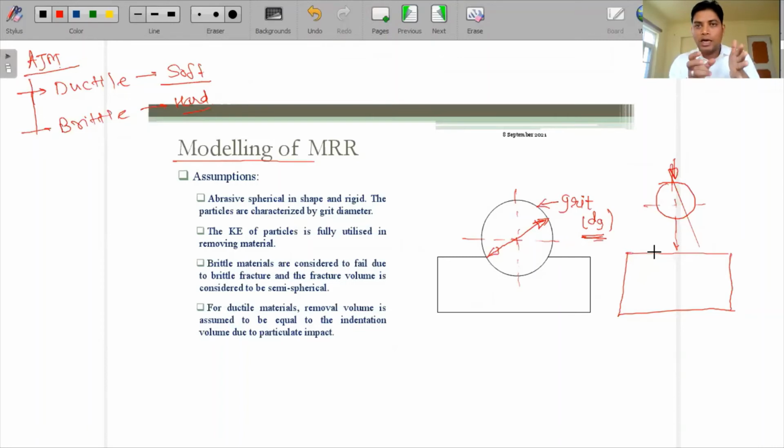I'm talking about a leather ball or a cork ball. When you continuously hit it on a single point, not on the complete wall, after some time the crack will initiate. This crack is initiated due to the internal stresses, which we call residual stresses.